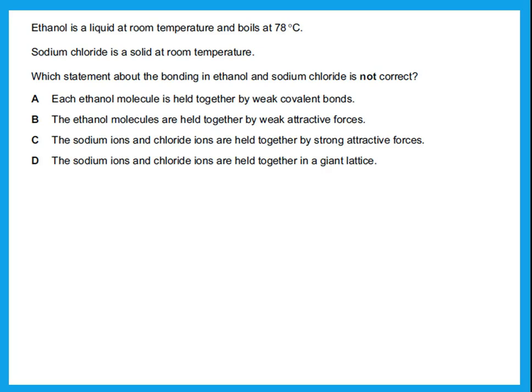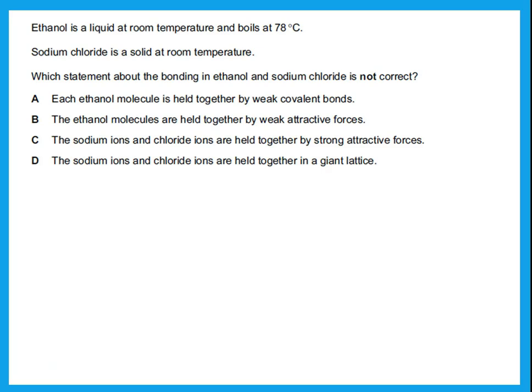So let's look at C. Sodium ions and chloride ions are held together by strong attractive forces. This is correct. Actually, remember, is he asking for the correct one or is he asking for the not correct one? So which statement about the bonding is not correct?